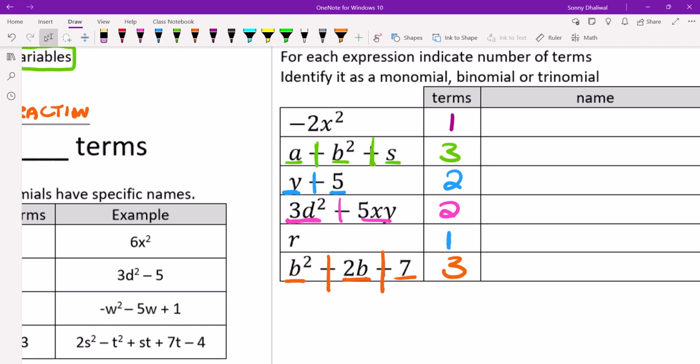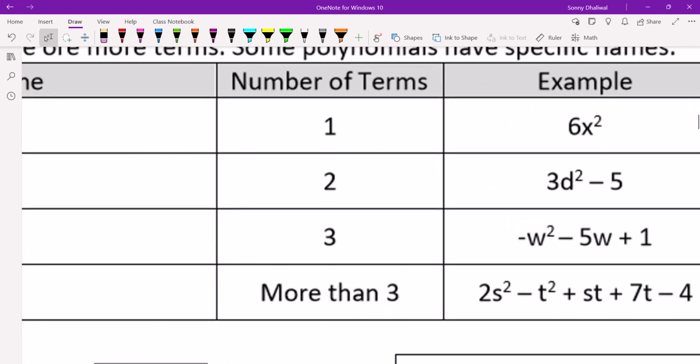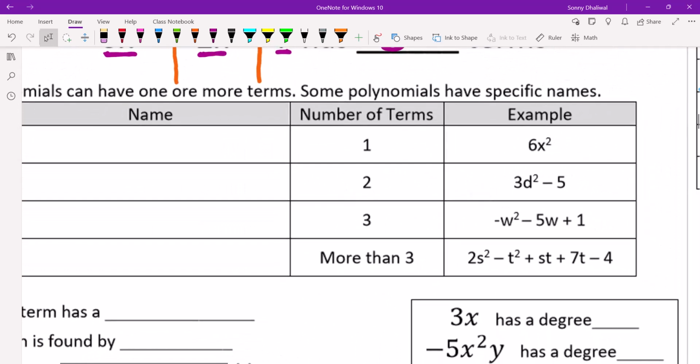So you got to know what the names of these things are. All right? So to name something, an expression, a polynomial, you count how many terms there are.